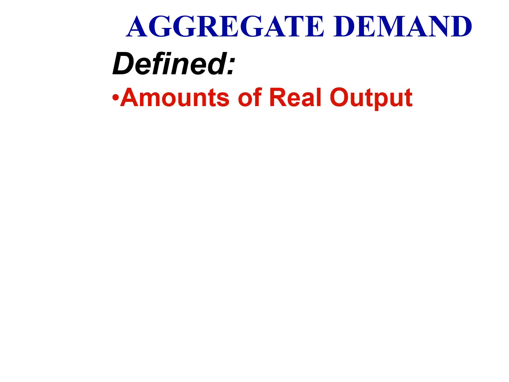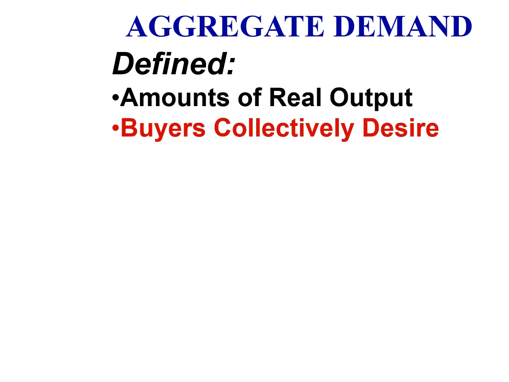So aggregate demand is the amount of real output, real GDP, that all buyers collectively desire. So what do we mean by all buyers? C plus I plus G plus X. Consumer spending, consumers buy durable goods, non-durable goods, and services. Gross business investment, machines, equipment, tools, factories, plants, construction, and refurbishing equipment.